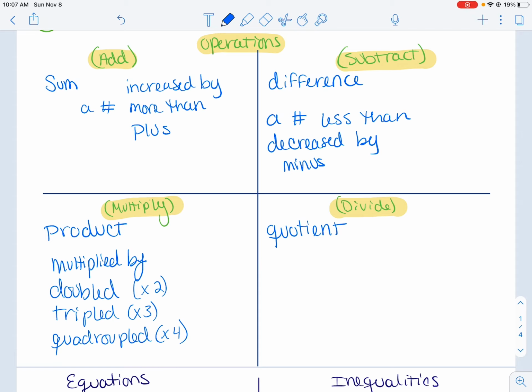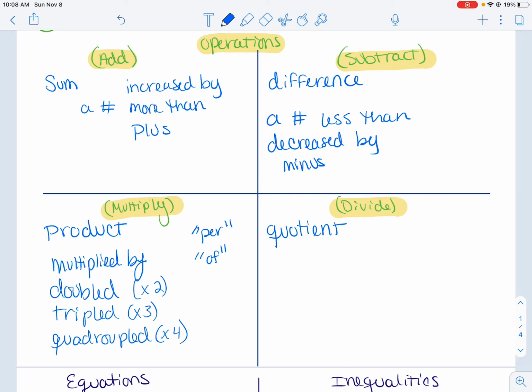And that's pretty much as far as we go with those. You might see, when we're translating in context, the word per or the word of often means multiplication. So like, if they make $30 per hour, then you would multiply the $30 times the hours, right? That sort of represents multiplication.